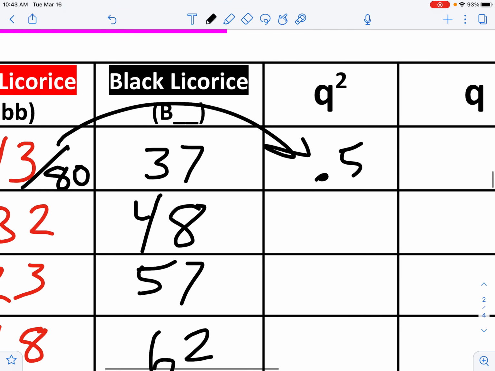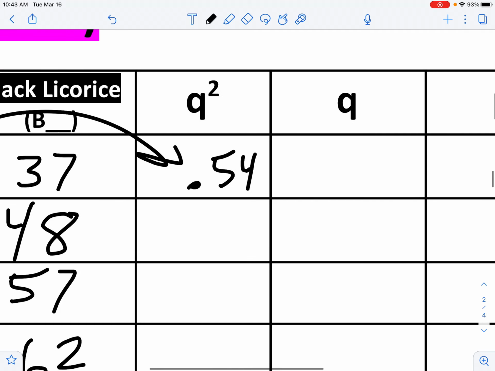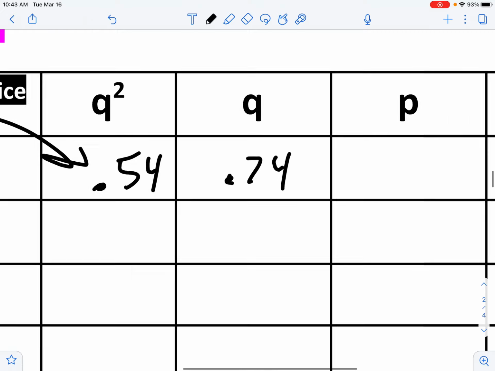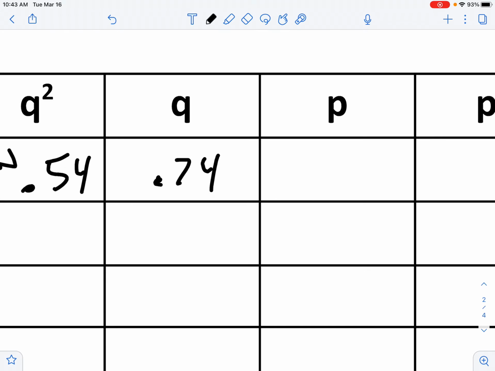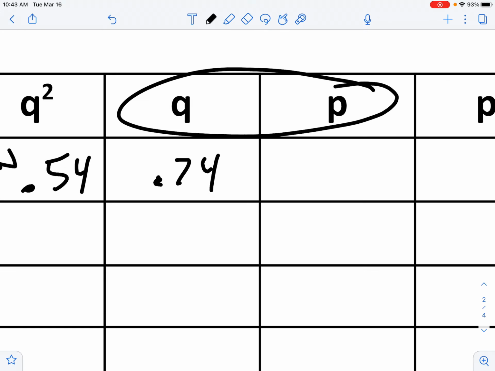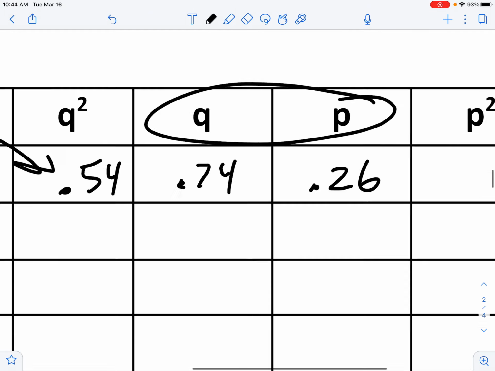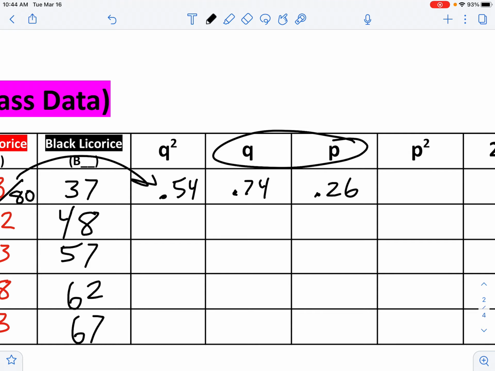43 divided by 80 is 0.54. Take the square root of that for Q, 0.74. Q and P equal 1, so 1 minus 0.74 is 0.26. Square that, 0.26 times 0.26, 0.07.